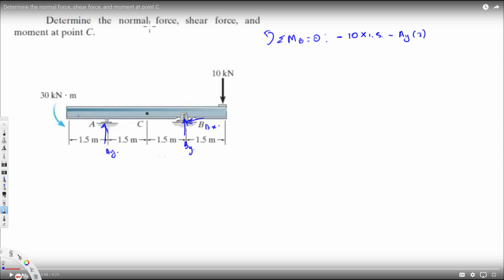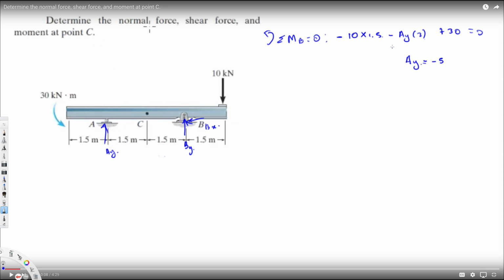Also we have 30 kilonewton meter, that's directly a moment, and it's given as acting counterclockwise, so it's positive 30, and that's all we have, so equal to 0. Solving, negative 15 plus 30 is positive 15, divided by negative 3 gives Ay equal to negative 5.